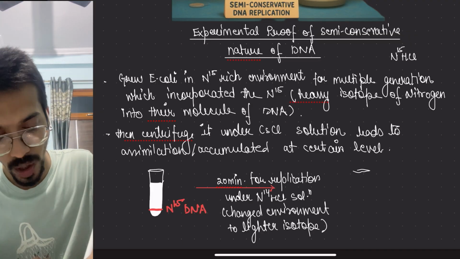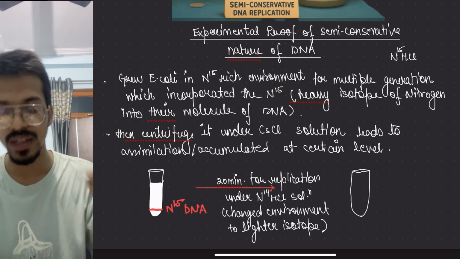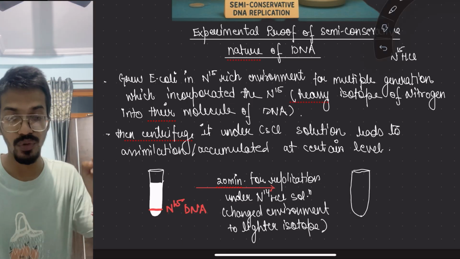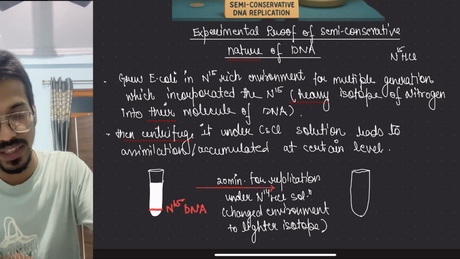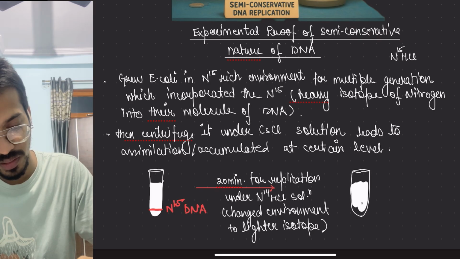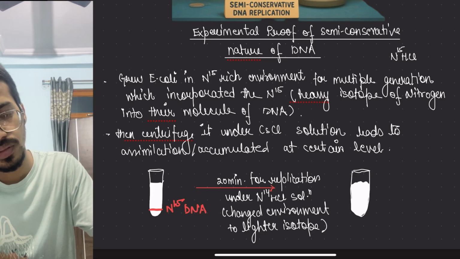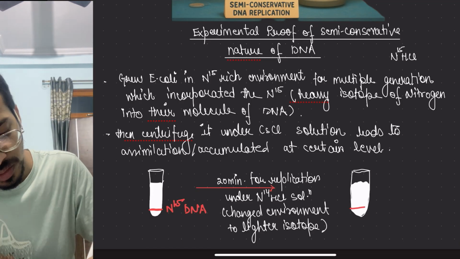So what happened after this 20 minutes? After this 20 minutes, whatever the amount of DNA would be present, this N14 what is present over here, that has been there.